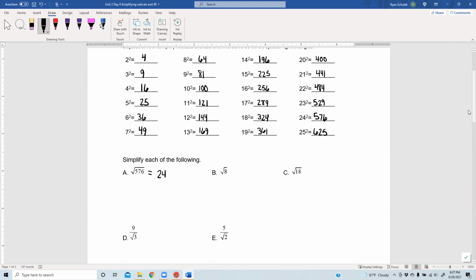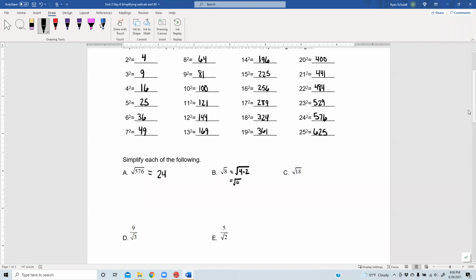The square root of 8. I'm going to do this one. Remember yesterday I said there were 2 ways. So I'm going to do this one the original way, the OG way. So 8, what goes into 8? Well, 4 times 2.